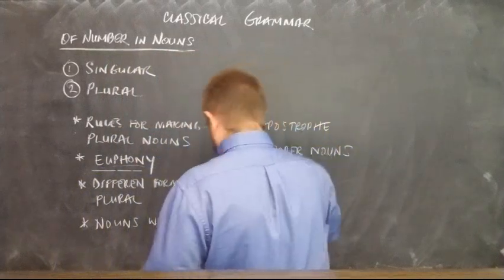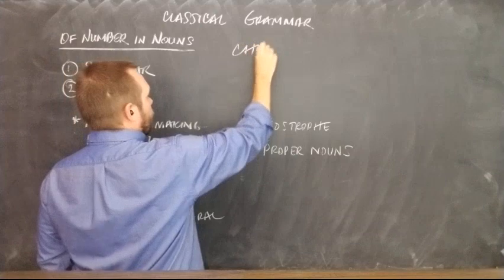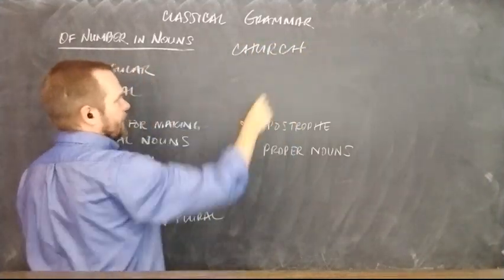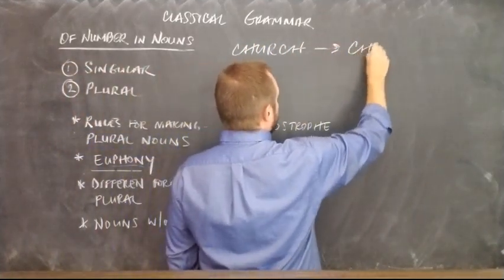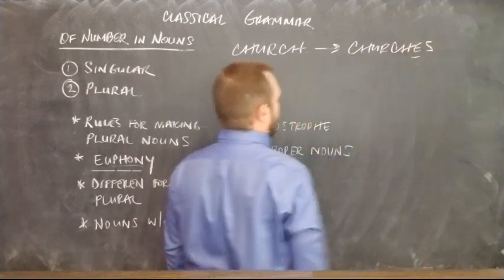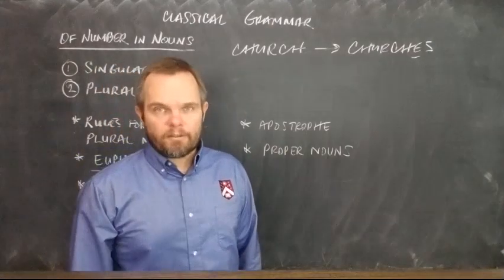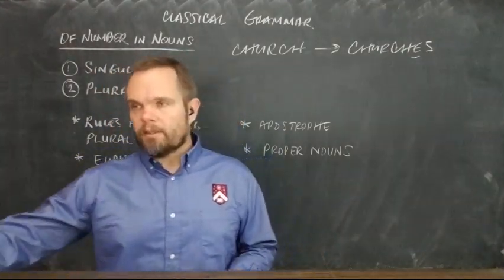I gave you one example of church. And we saw how trying to add an S at the end was difficult to pronounce, and so instead of just adding an S, we add a syllable with a vowel. Churches. That's much easier, much clearer, much more pleasant to speak and to hear.